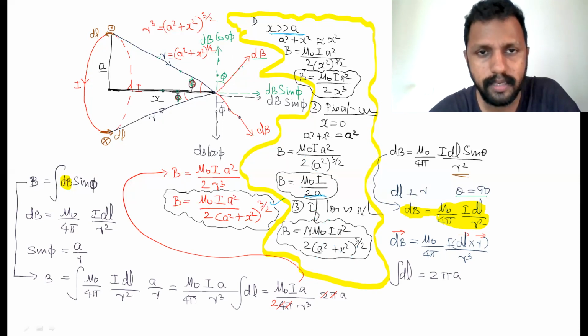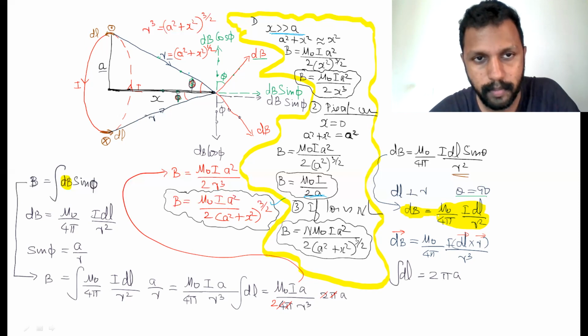This dB is not the extension of this R. Actually, it is perpendicular to this R. This R is perpendicular to this dB, and this R is perpendicular to this dB. It's not the extension of this R. Okay, remember that.